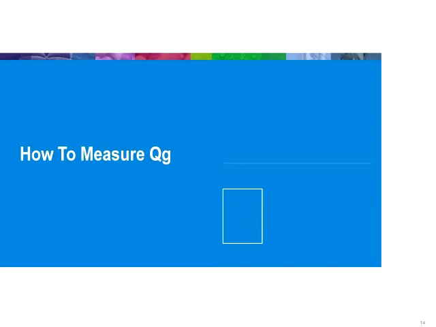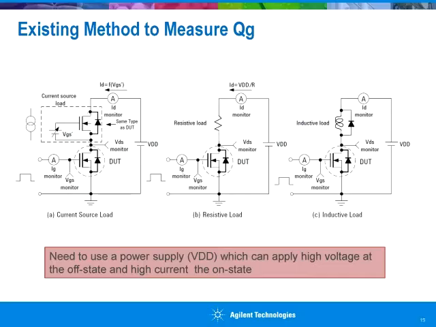Okay, so next let me talk about the measurement method of QG, gate charge. Here are three typical measurement methods of gate charge. One is the constant current load method. It uses a FET as a constant current load. It operates in the saturation area to keep drain current constant during the gate charge measurement.